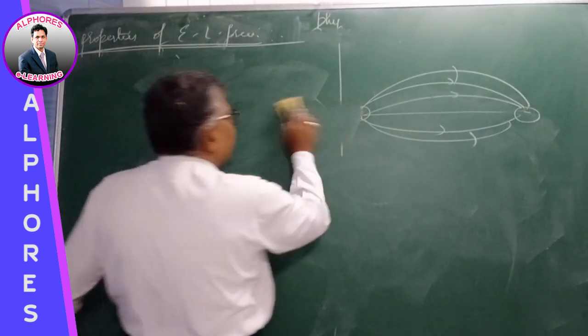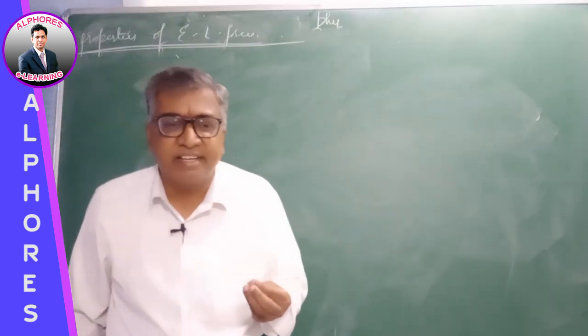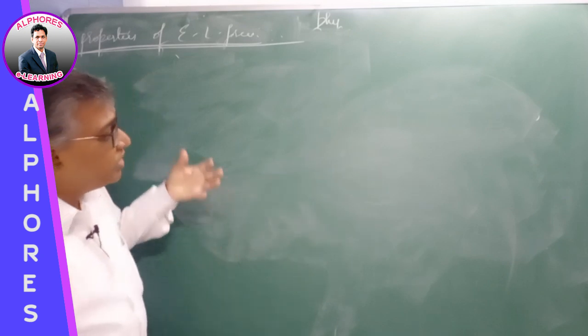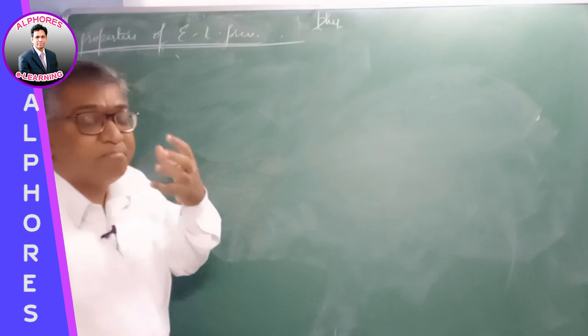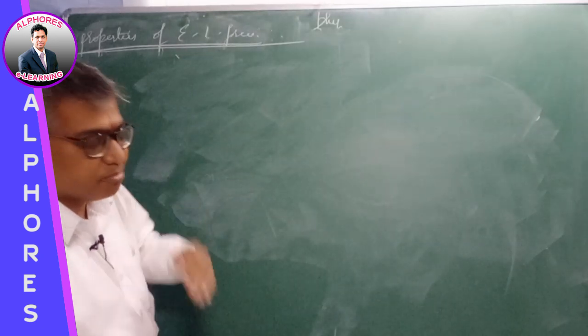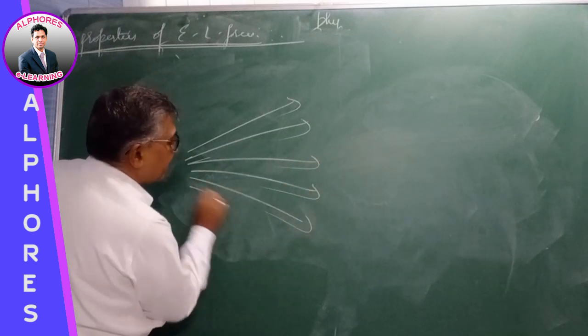The major use of electric lines of force is that, by visualizing the electric field pattern, we can differentiate the magnitude of the electric field at different points. Suppose the electric field is diverging like this.